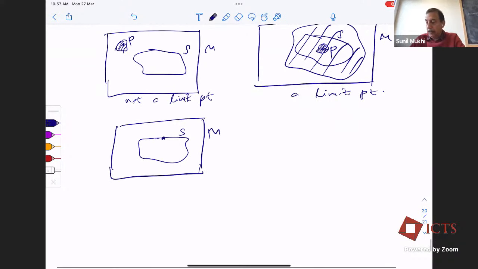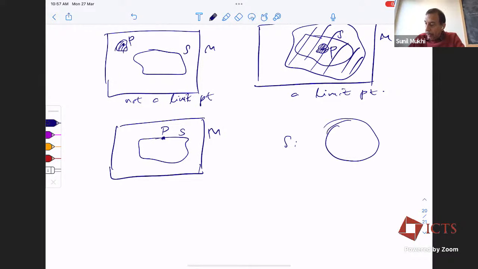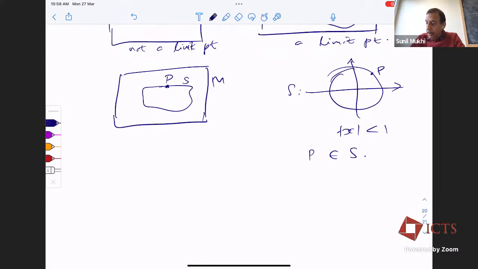What about the last case, which is subtle? Well, now we have to ask, drawing this thing the way I've drawn it, it's not clear whether P is in S or P is not in S. If S, for example, was of the form, just an example, all points in the plane such that mod X is less than 1, and P was on the boundary of this with mod X equals 1, then P is not in S. The other case could have been that S was of this form.